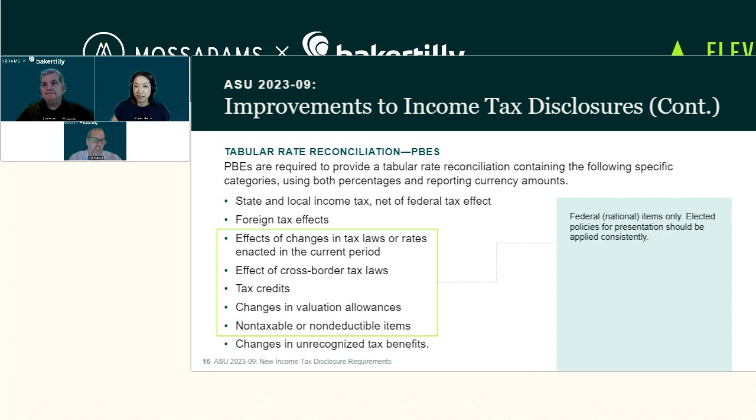Dave mentioned elections. Within these categories too, there are elections to net certain items. Typically you report them gross. For instance, in the tax credits category, you would report the gross credits. With respect to effective cross-border tax laws, you would reflect the gross FDII, GILTI, and BEAT amounts.